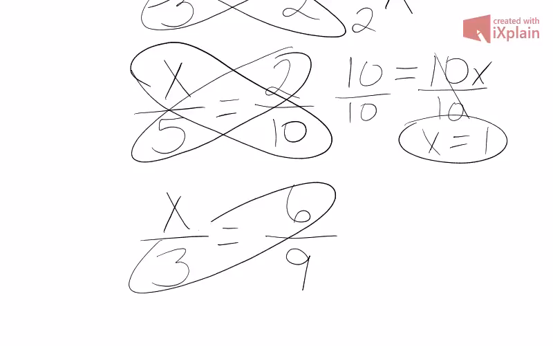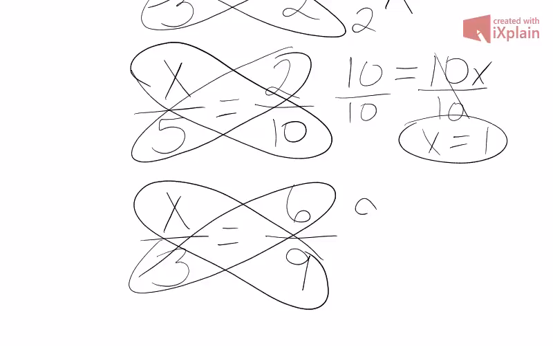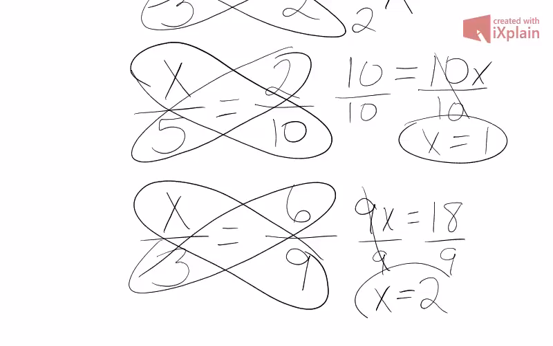So I've got 3 times 6, which is 18, and 9 times x. So I have 9x equals 18. And I'm going to divide both sides by 9 so that I can get x by itself. 18 divided by 9 would be 2. So x equals 2 in this case.